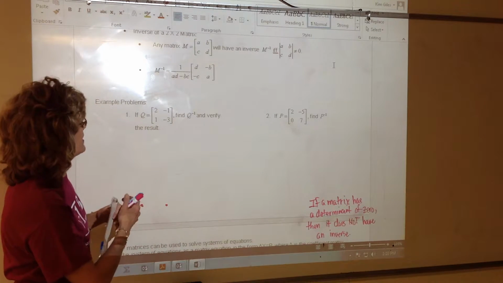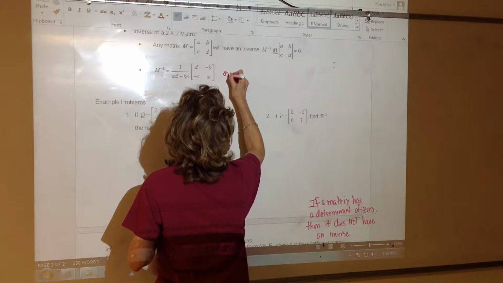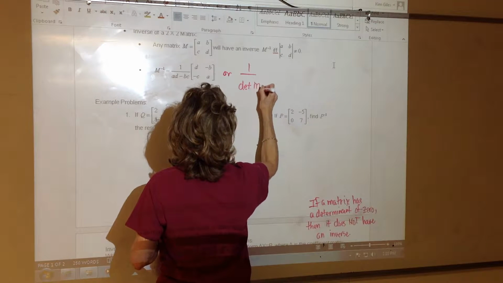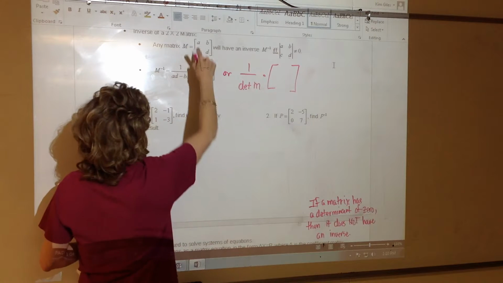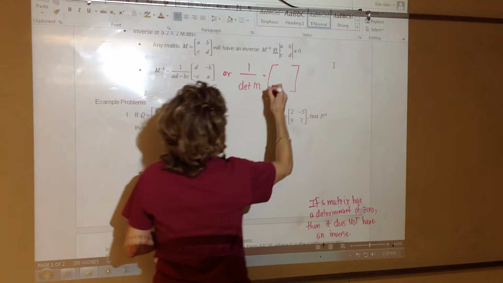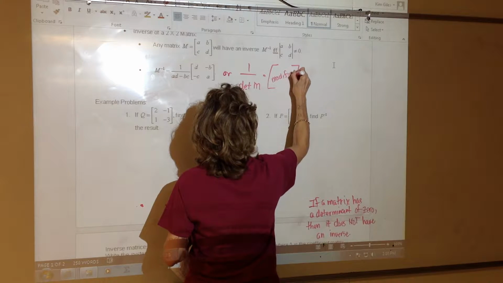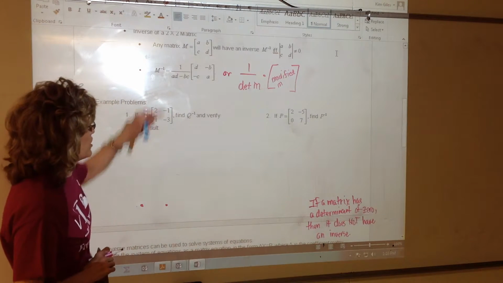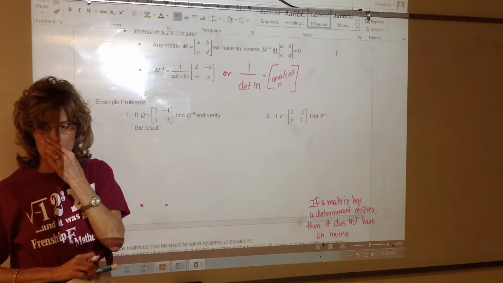So another way to say this is 1 over the determinant of M times, not the original A, B, C, D, but we're going to do a modified version of the original matrix. Now look how we modified it. See if you can explain to me what we're doing here.